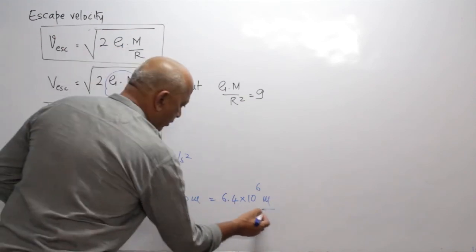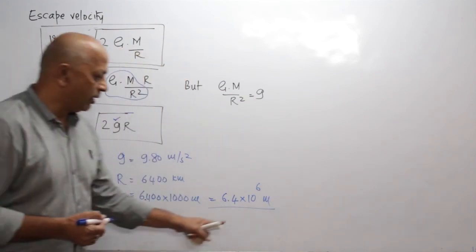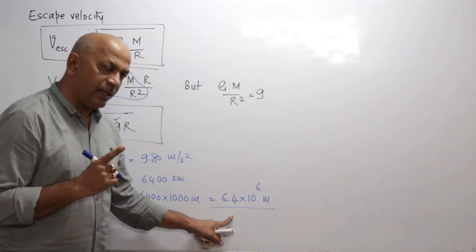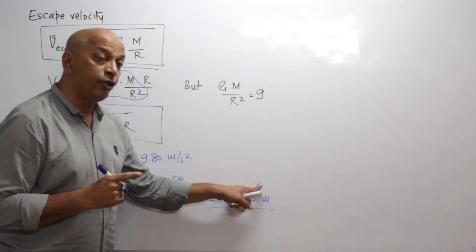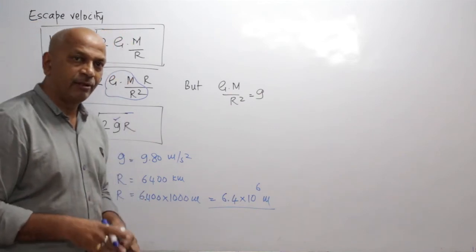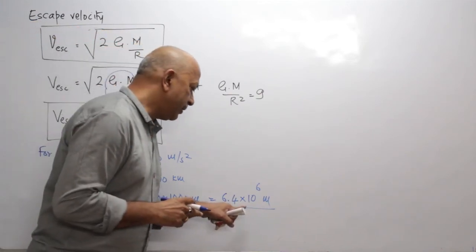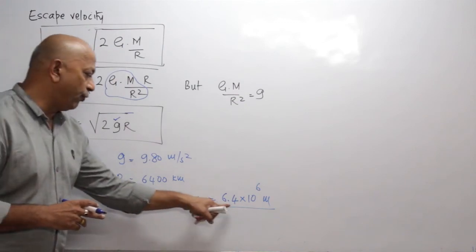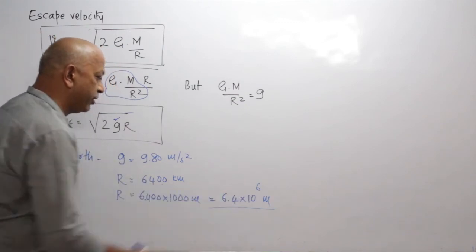So this is the radius. In the last session I took 6.4 into 10 raised to 5, which was a mistake. You can correct that. The right radius is 6.4 into 10 raised to 6 meters.